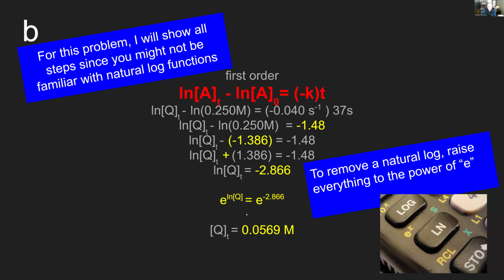So I'm going to take e and raise it to negative 2.866. When you raise e to the natural log, they cancel each other, and what I get is just the concentration of Q. So the concentration of Q is equal to 0.569 molarity.